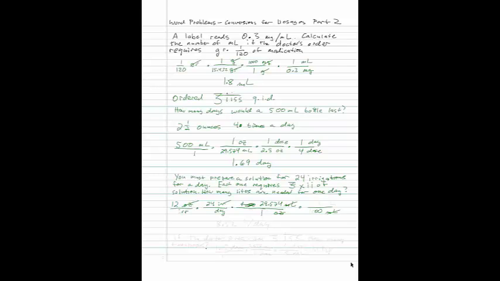So we'll put milliliters on the bottom and liters on the top. 1 liter is 1,000 milliliters. So you'll notice ounces cancels ounces, irrigations cancels irrigations, milliliters cancels milliliters, and we're left with liters per day. And the result I get there is 8.52 liters per day.